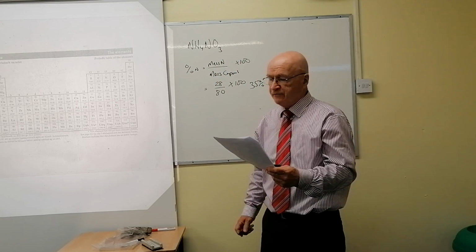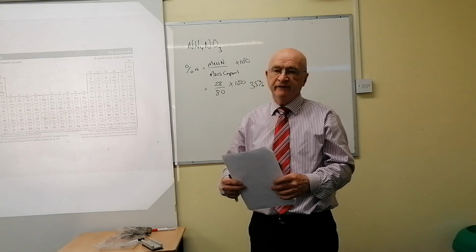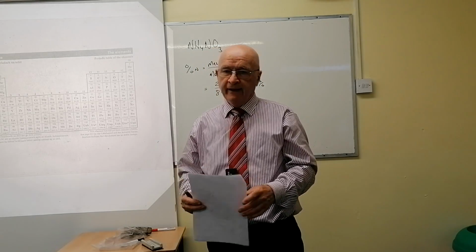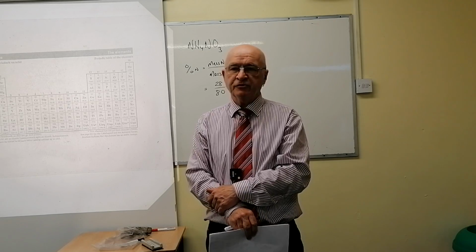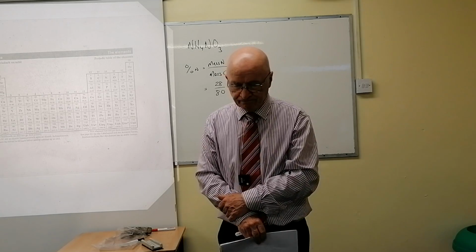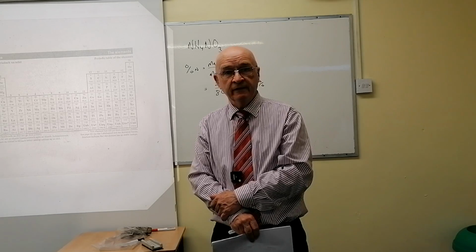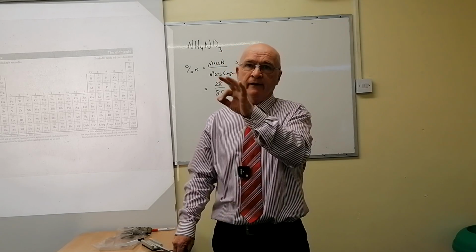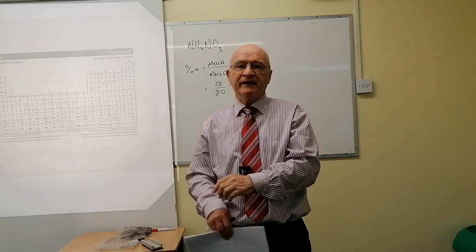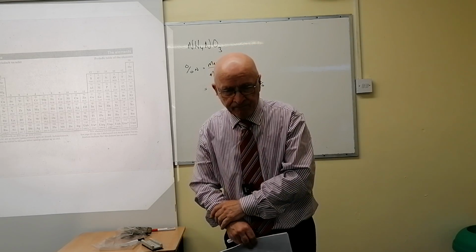In this case they've asked you for the principle, and the principle is very simple: when you pass ions of different mass through a magnetic field, the heavier ones bend less than the lighter ones. Or you might say that particles can be separated based on their relative masses when they pass through a magnetic field.